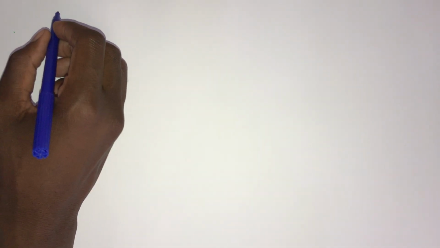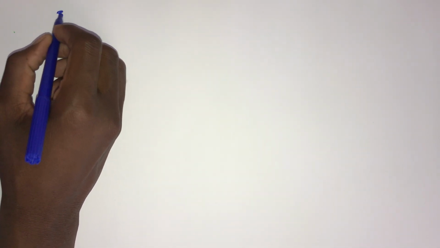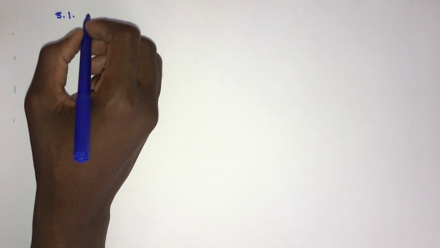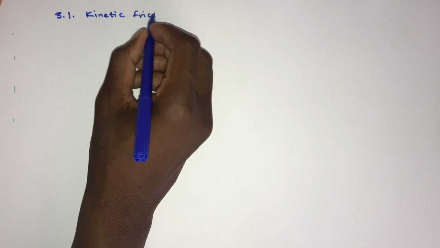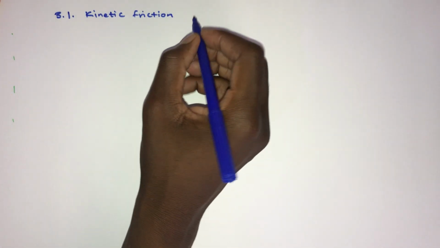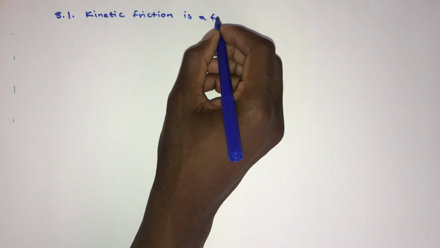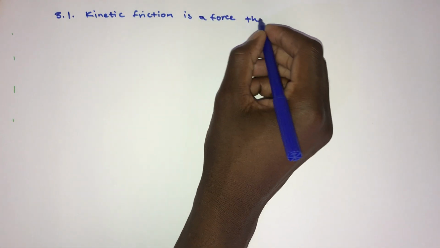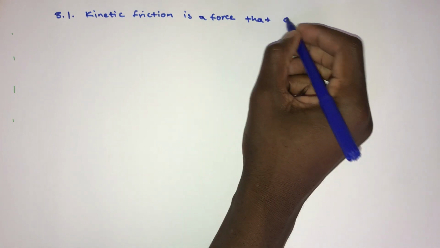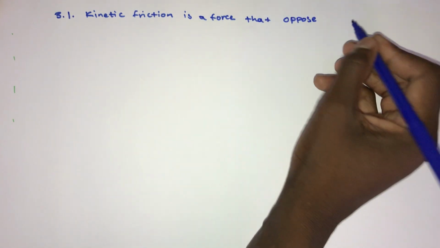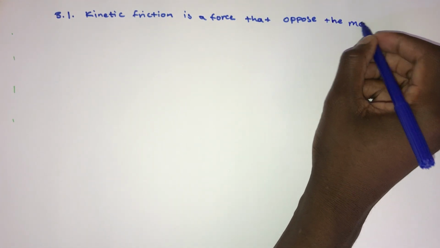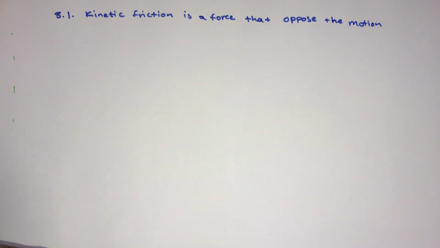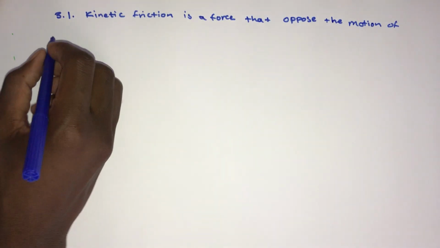So we can say, 3.1, kinetic friction is a force that opposes the motion of a moving object.